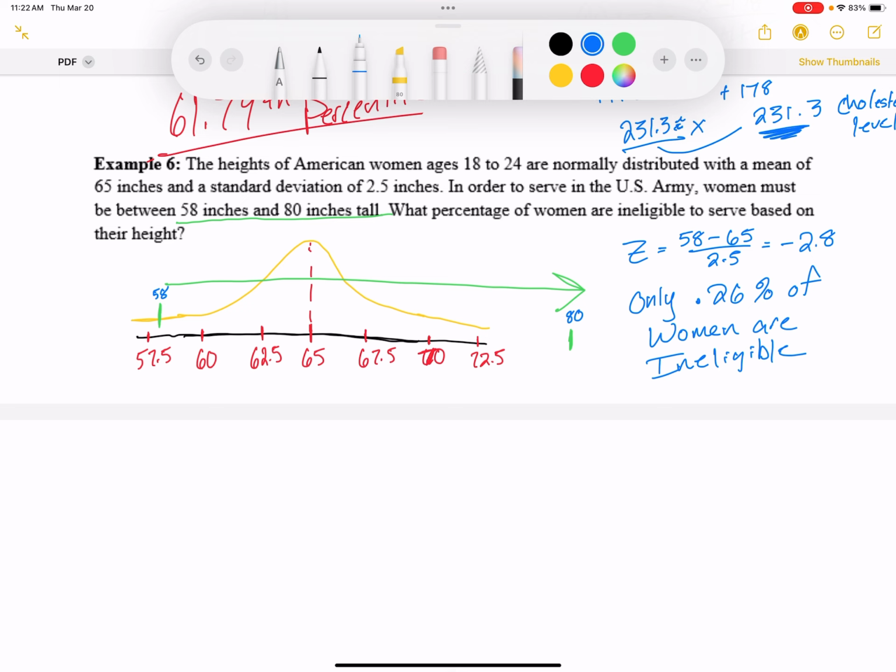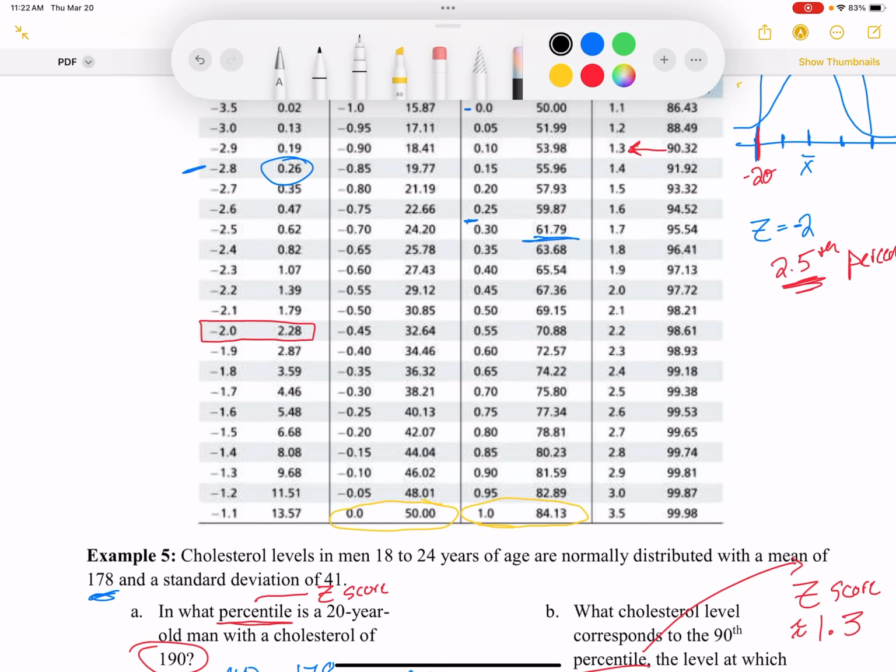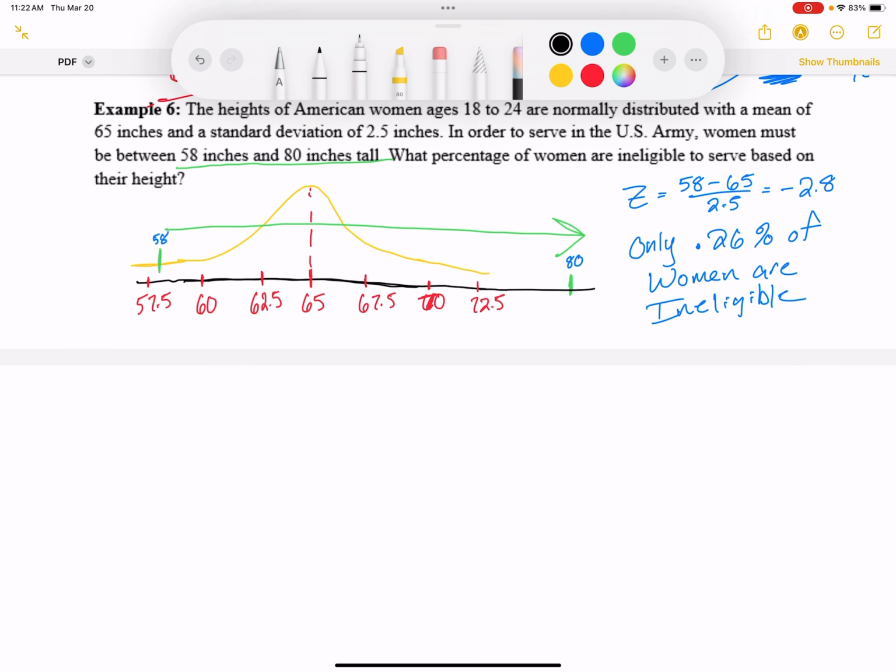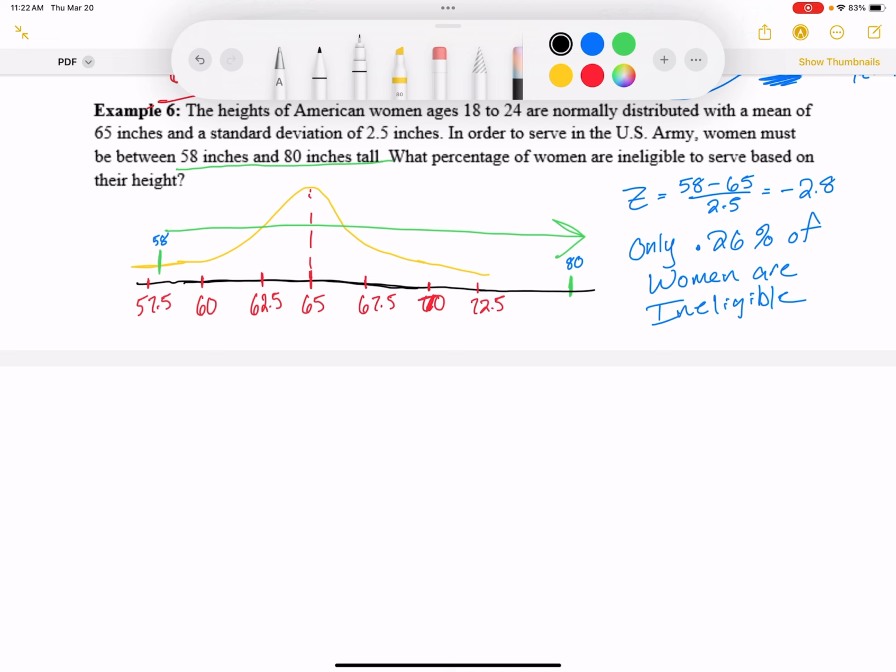All right. Well, why didn't I do anything with 80? Let's look at this real quick. I see at 3.5, that's when it's like most of the data. They don't even bother going up much further. But we're at 1, 2, 3 standard deviations, and then it would be 4, and then 5, and then 6 standard deviations above the mean before we cut off.